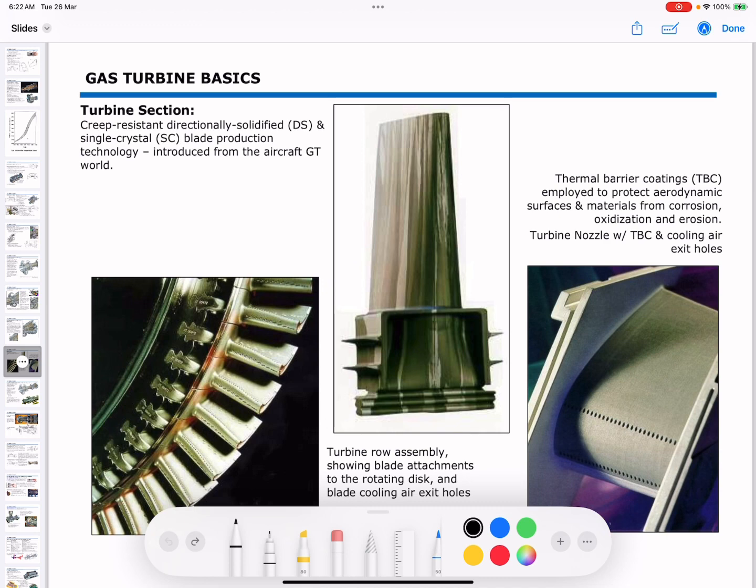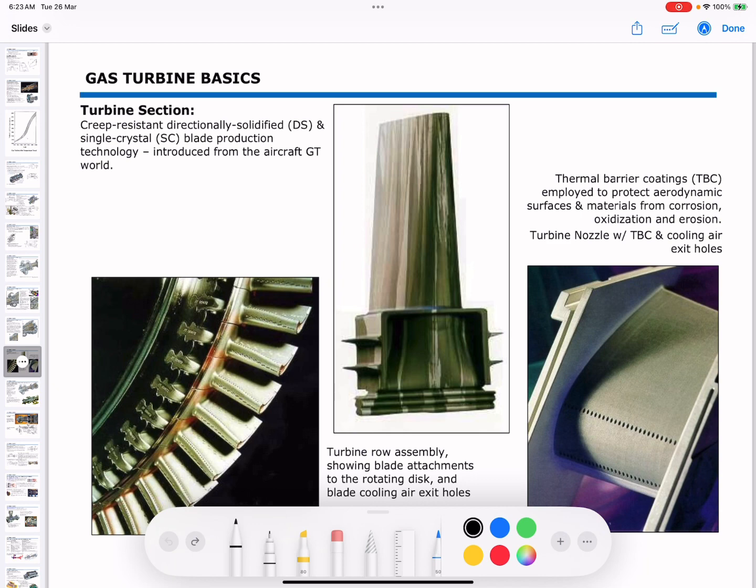The turbine row assembly is like an assembly of turbine rows with installation of turbine blades on a rotor disc, and you can see the holes for the outlet of cool air for cooling the turbine blades.